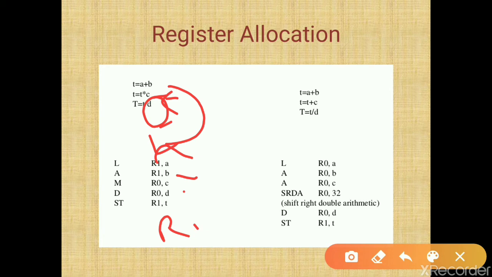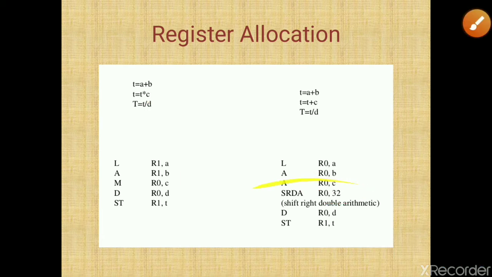The same thing is done in the second example: first loading, then adding a plus b, then t plus c is done using R0 plus c. Then shift right double arithmetic is done with R0 and 32 bits, then division t by d, then store R1 comma t. This is one example of how register allocation is done.